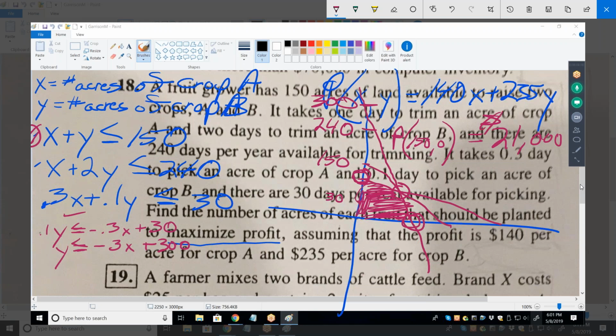Let's see what we would get if we planted all crop B. In other words, the profit of 0 comma 150. So that's 35,250. So that would be better than planting all crop A.